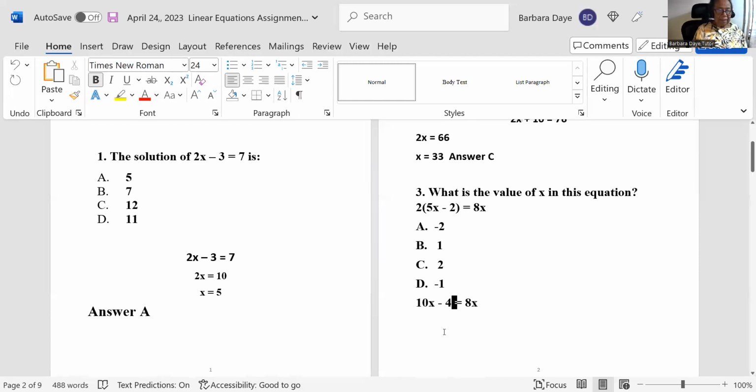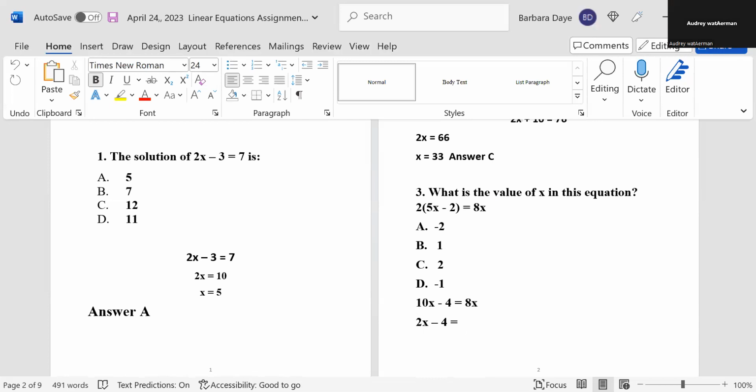And what do we do next? You subtract 8x from the 10x on both sides. So that would give you what? 8 from 10 is 2, so 2x.